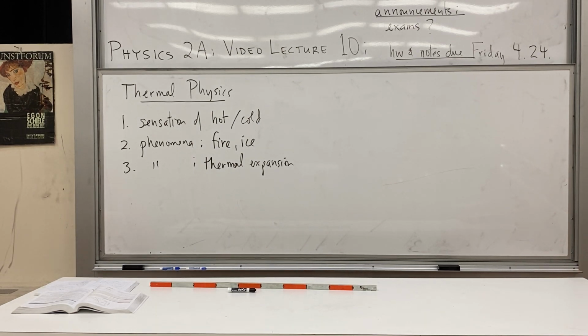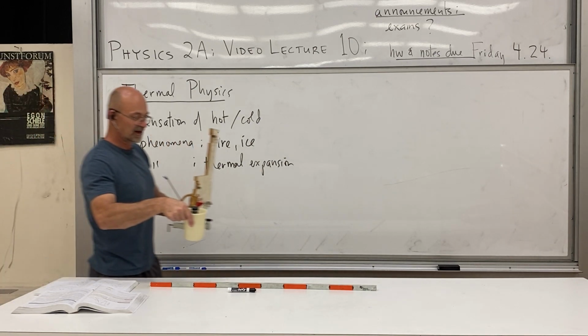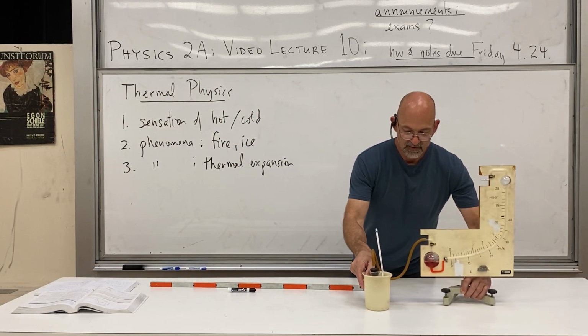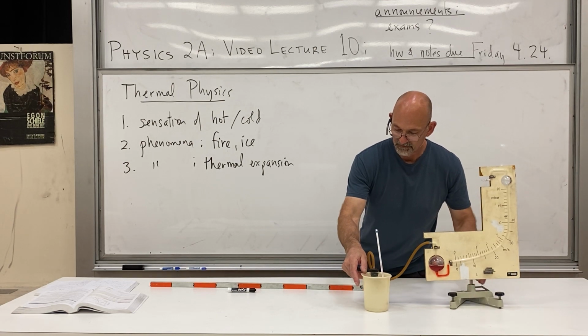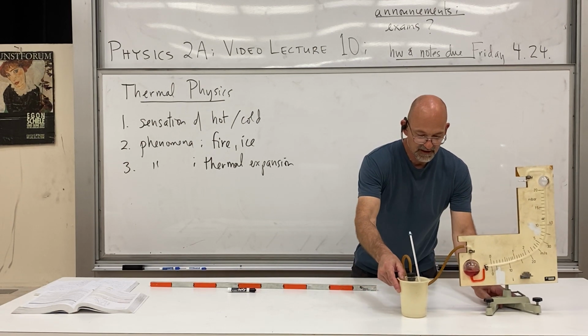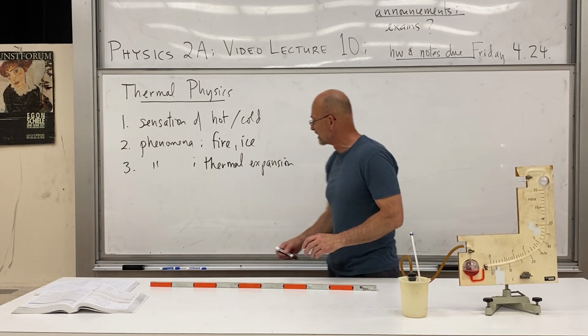What this allows us to do is get thermometers. So I can bring a thermometer, and I'll bring this contraption that we've seen before. So then I have the gas thermometer device here. I'm going to discuss this a little bit more.